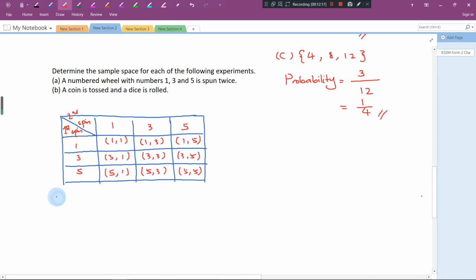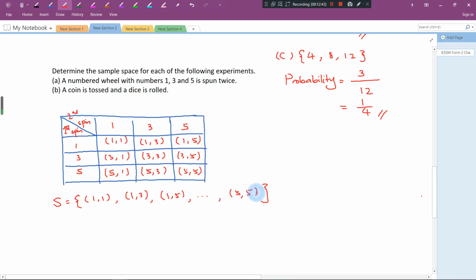Okay, so S is equal to {1, 1, 1, 3, 1, 5, ...}, and so on, listing all of these combinations until 5, 5.